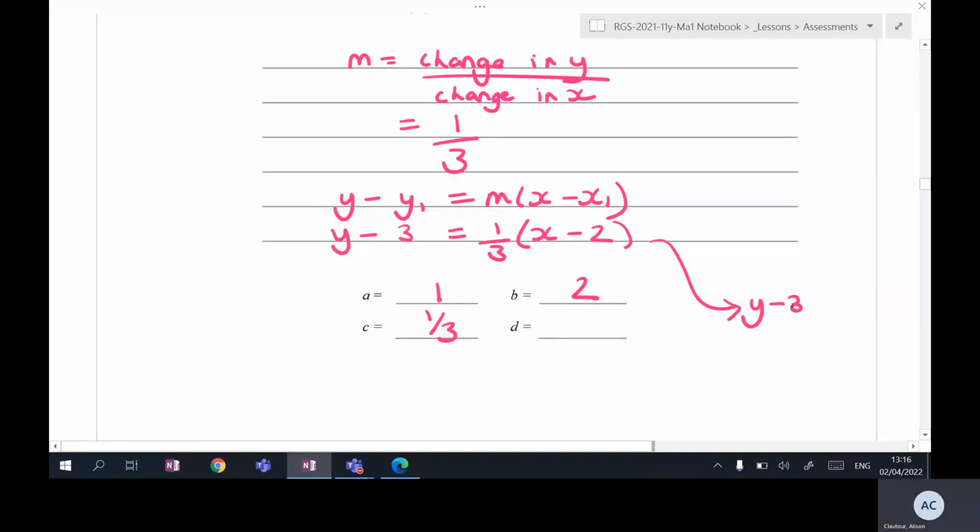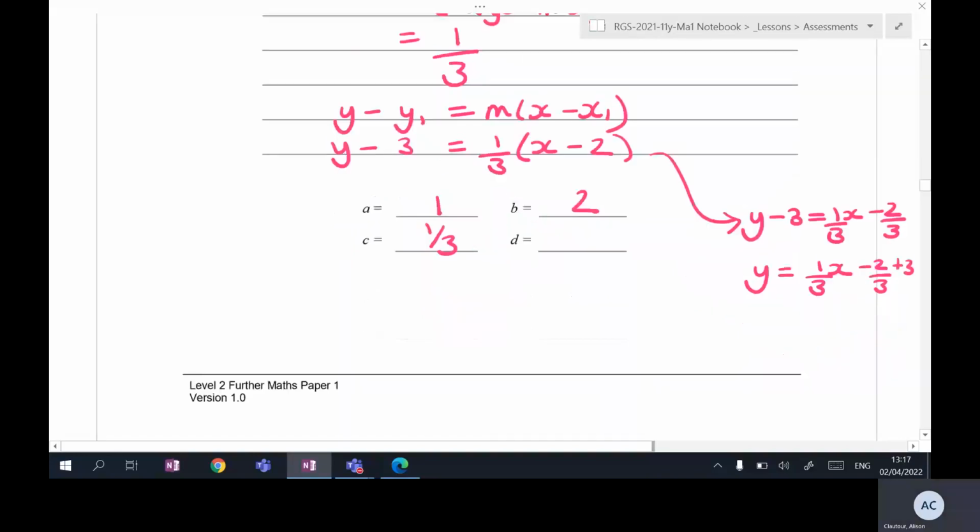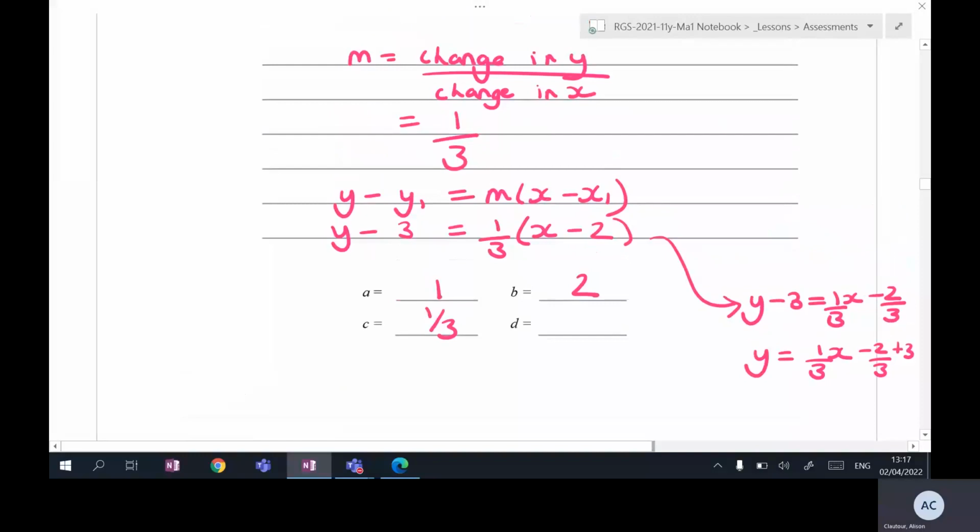Okay, so y minus 3 is a third (x minus 2). So y equals a third x minus 2/3, and then I can just add the 3. So it's going to be minus 2/3 add 3, so it's going to be 2 1/3, or 7/3. Okay, so when we're using equation of a straight line, we do normally tend to use top-heavy fractions.